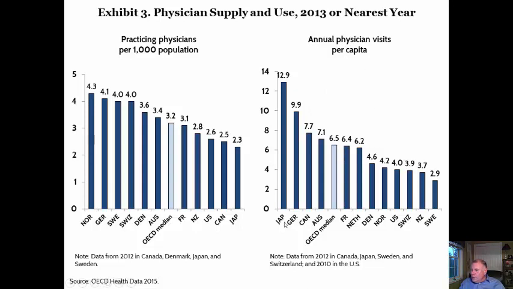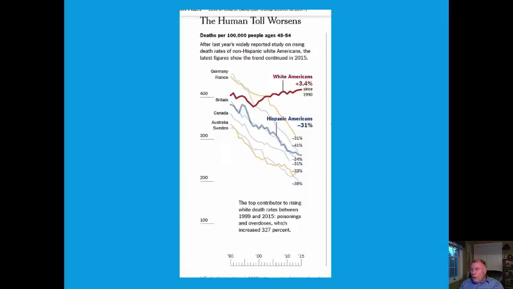In Germany, Japan, Australia, the average person sees a physician 7.7 times a year, half in the U.S. So you actually have better, you spend less, you have better outcomes, and you see your physician more. What's wrong? And that's something that I think we're the only developed country in the world who doesn't have single payer. And that's a question that we're going to have to, from a policy perspective, address over time.